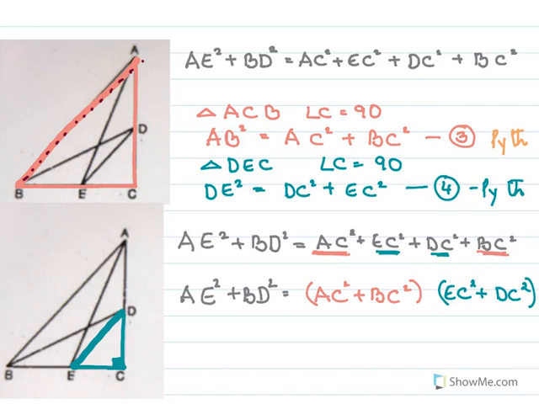Now look up and see what is AC square plus BC square. It's out here. AC square plus BC square equal to AB square. And next, check out and see what is EC square plus DC square. We've done it here. And that is DE square.